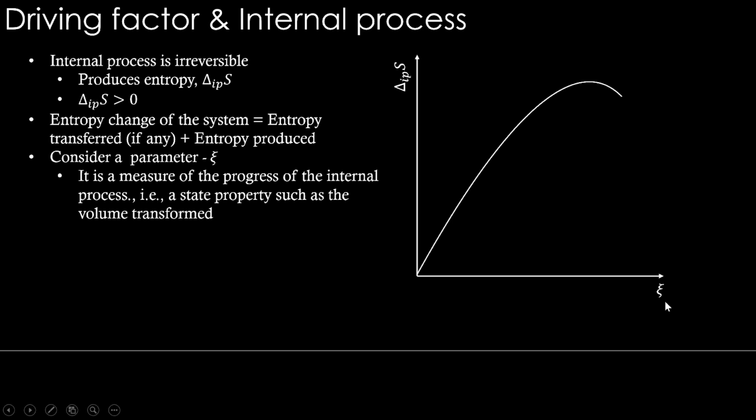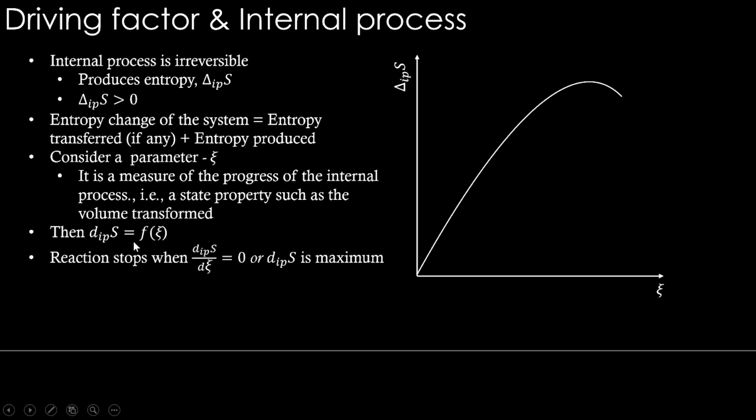This entropy produced is a function of psi. Therefore, the change in this entropy is a function of psi, and the reaction stops when this entropy reaches maximum, meaning dS by d psi reaches 0, which is this maximum point. That is where the process stops. That's where this entropy reaches maximum.